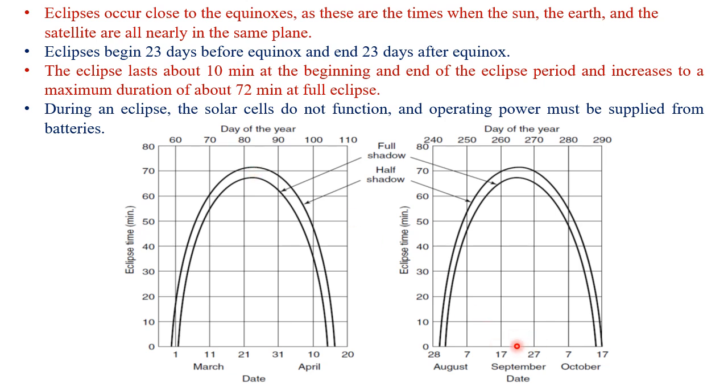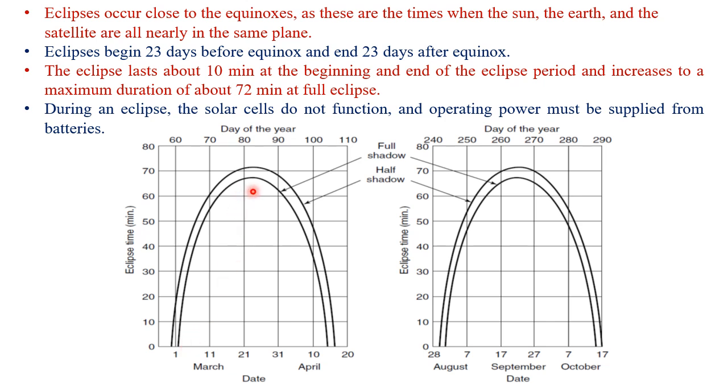Also, during September, nearly 23rd September, we have the equinox, so eclipse is at the peak condition. The actual eclipse will start 23 days before the equinox and it will continue 23 days after the equinox. Then the eclipse will stop.